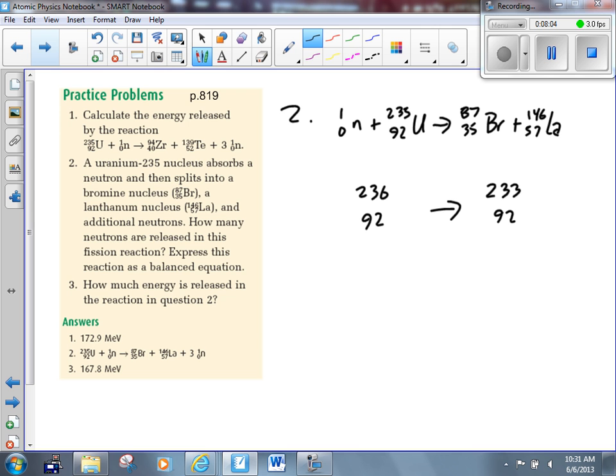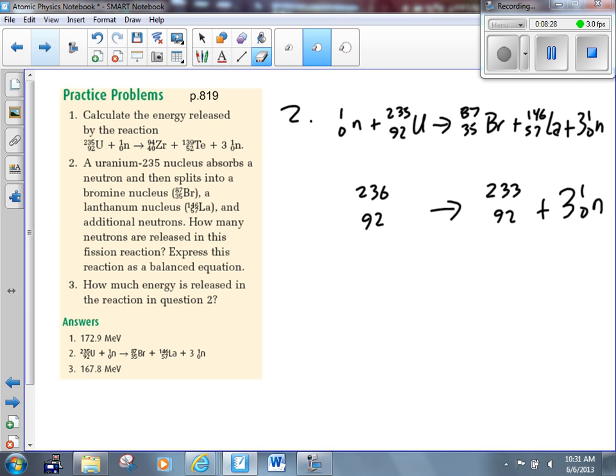How are we going to get it? Well, we can't introduce 3 protons because that's going to change 92 to 95. The only way to do that is to introduce 3 neutrons. Now we've got 233 plus 3 neutrons, giving me a total of 236. So it's going to look something like this. This is my balanced equation. How many people got that?